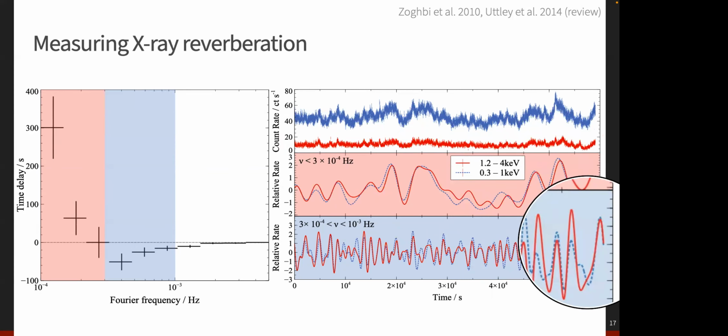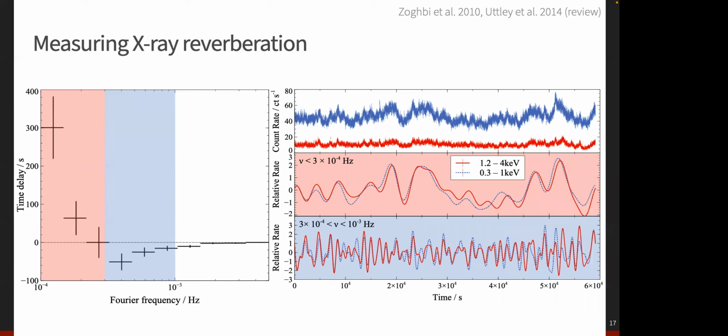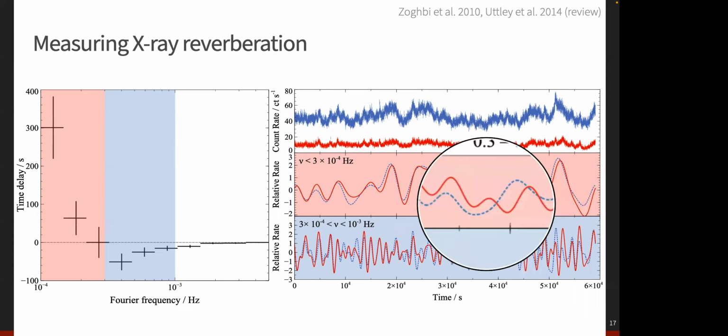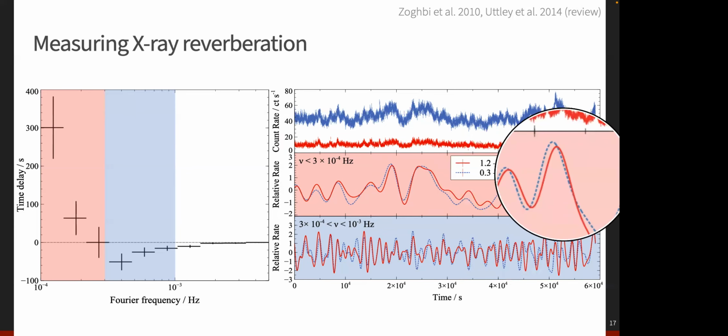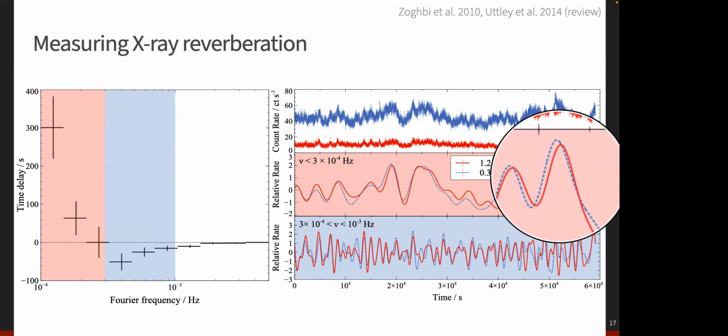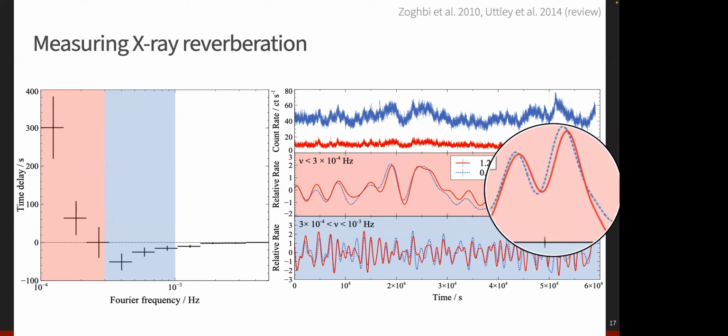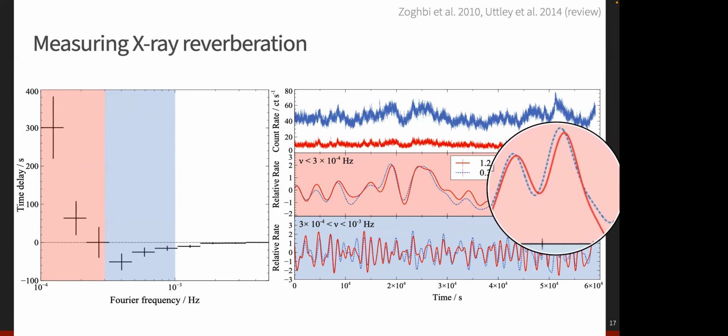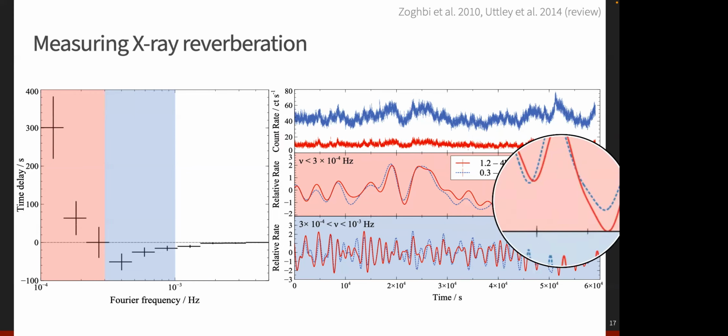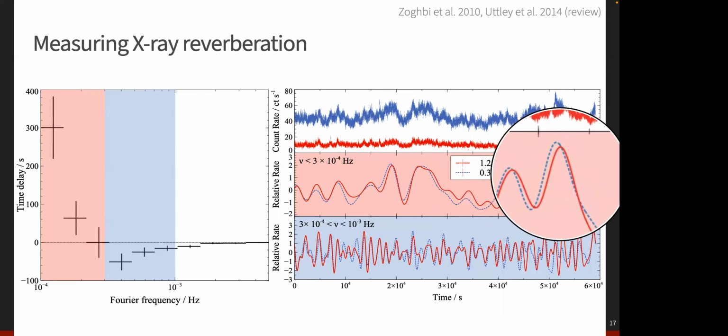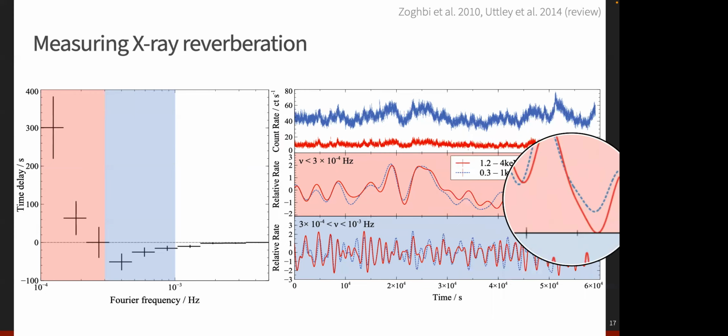I think at a particular time, so suppose the very last peak, here blue is lagging red. No, the red is after the blue here. You see the solid red line is to the right of the dashed blue line. The peak of red is first, then the blue is appearing.